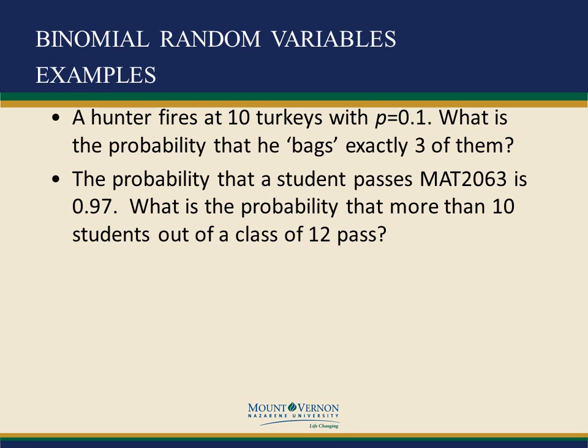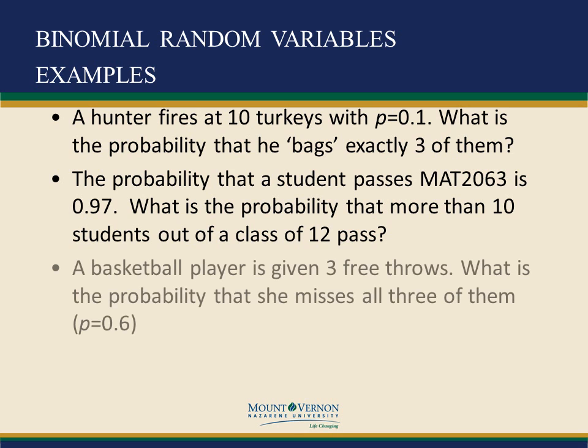We'll talk about that more when we go over calculating binomial random variables in the next presentation. But for now, notice that n is 12, p is 0.97, and x, well, we're interested in 10, and we'll talk more about that in the next presentation.